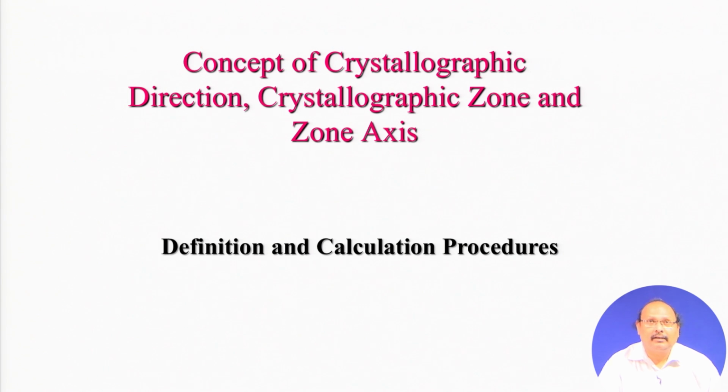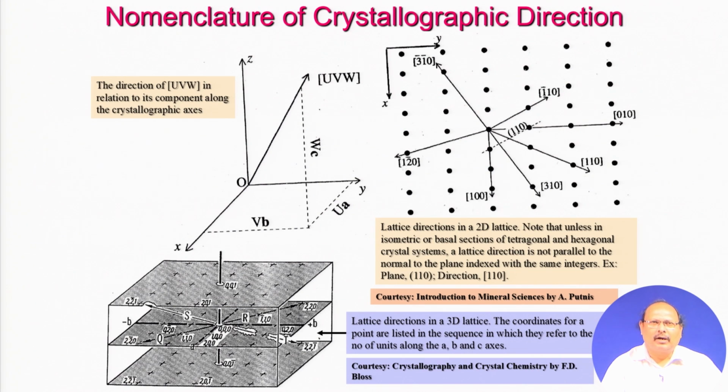Okay. Let us now understand the concept of crystallographic direction, crystallographic zone and zone axis. Let us make some simple definitions and then we make some simple calculations here. So, how to give a name to a particular direction? You remember that when we name a particular face, we use the symbol H K L, if we talk about the Miller index symbol.